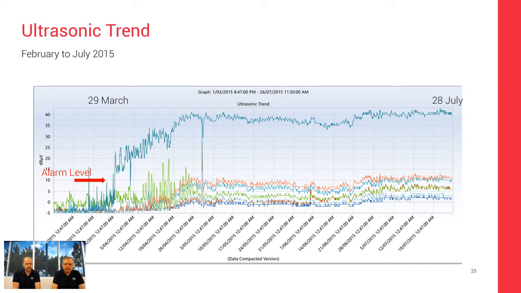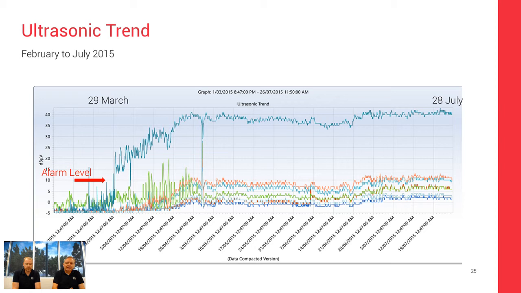That then went up, so by the middle of April and May, we've got a pretty high, steady level of about 40 decibels of ultrasonic, and it stays there until the 28th of July, pretty flat. So you don't often get an upward trend; trending ultrasonic is actually a difficult thing to do. By the 28th of July, 3 or 4 months later, we've got a disruptive failure.